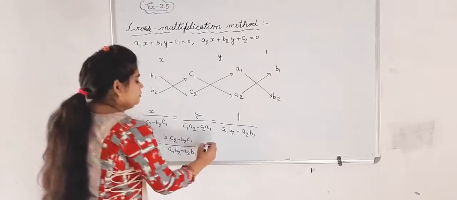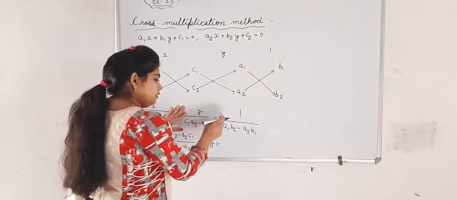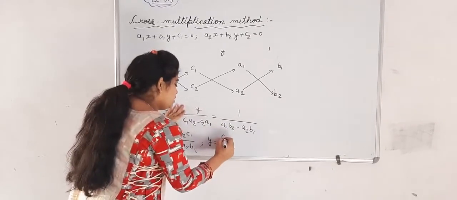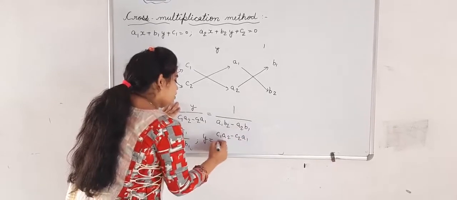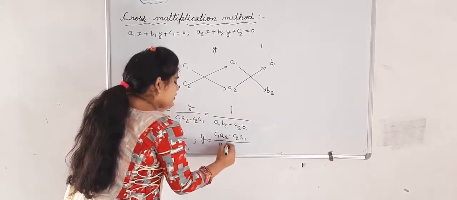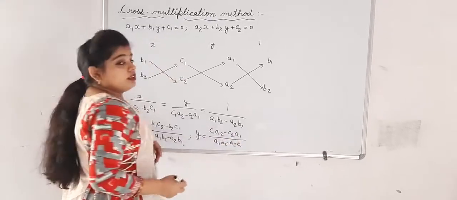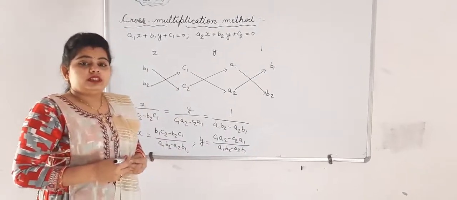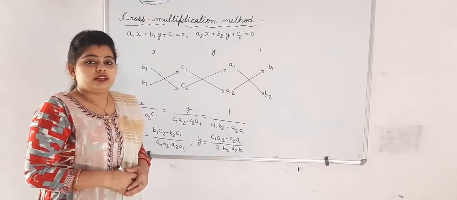Similarly, for y, it is in division here and multiplication here. y equals c1 a2 minus c2 a1 divided by a1 b2 minus a2 b1. This is our cross multiplication method. Using this method, we will find values of x and y.